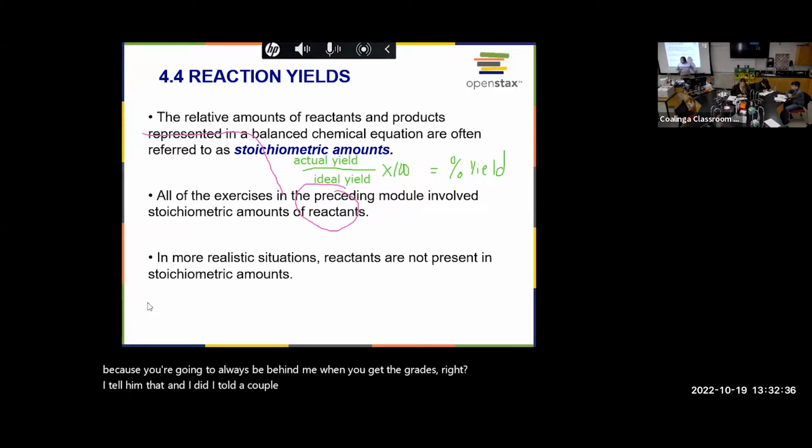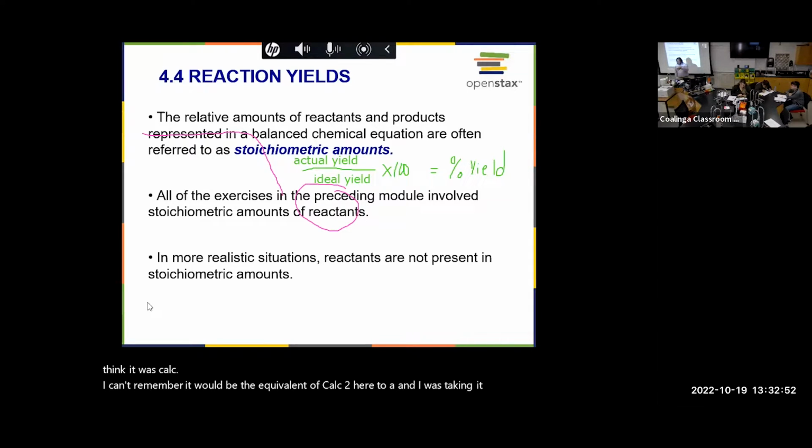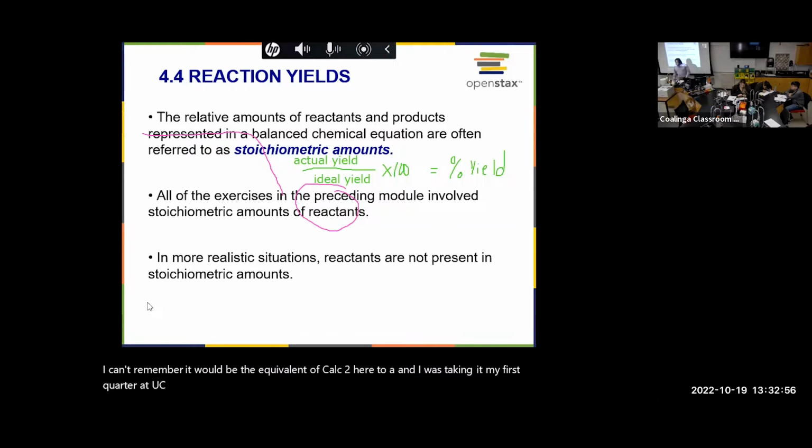I had a guy, I was still staying in the dorms in my sophomore year. We were taking a class together. I think it was Cal, I can't remember. It would be the equivalent of Cal 1B, and I was taking it my first quarter at UC Santa Barbara because I was ahead in calculus. I skipped a couple of things.